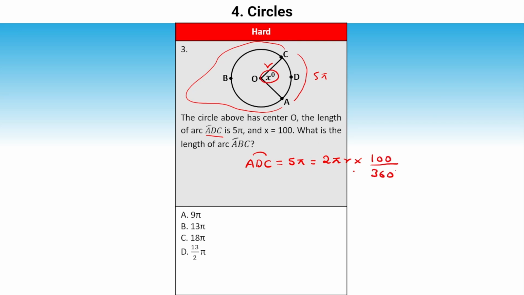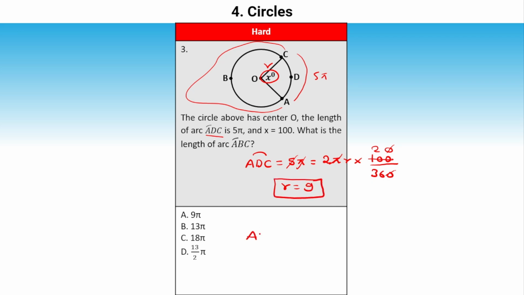This is the formula for arc length. Now we can solve it. Pi cancels, right? If you solve, you will get the value of r as 5 into 360 by 200. You will get the value of r is 9. Okay, you get the radius.